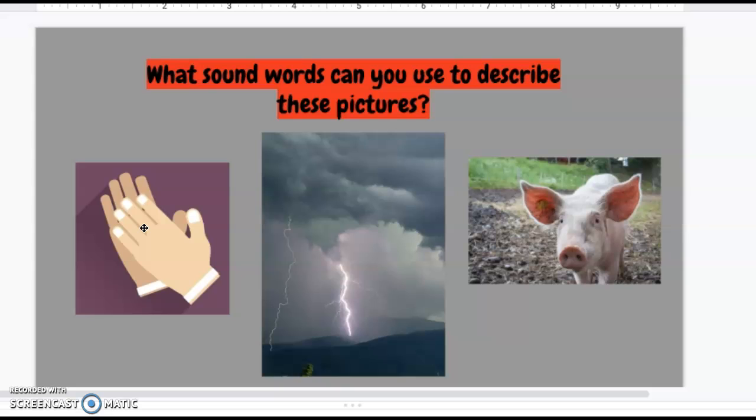Yes, exclamation. Then we have lightning. A word for lightning that I would maybe use is crash or boom. Then we have the pig, and obviously you could say oink, not meow. Maybe some of you might.